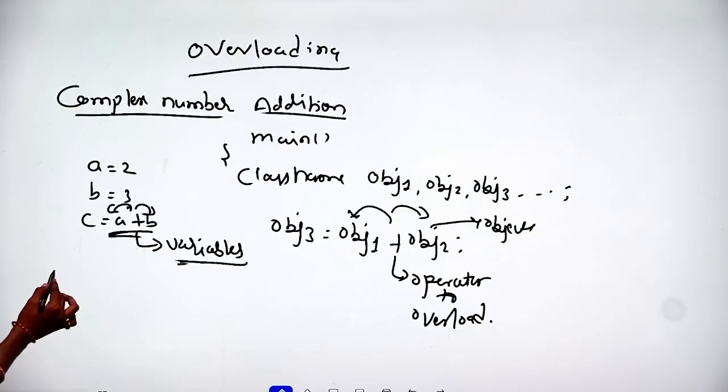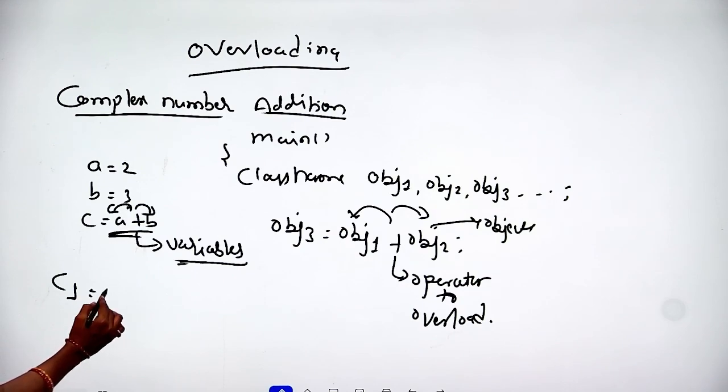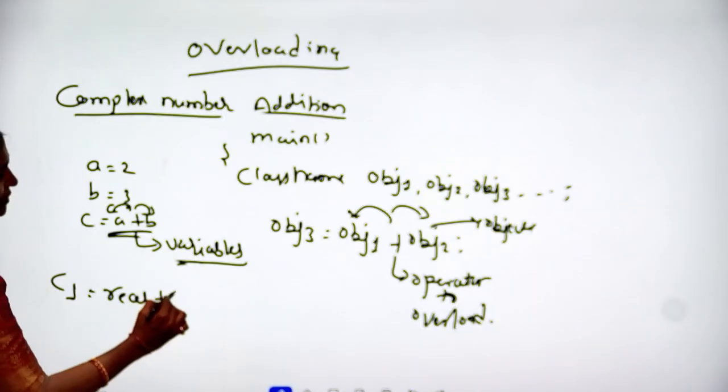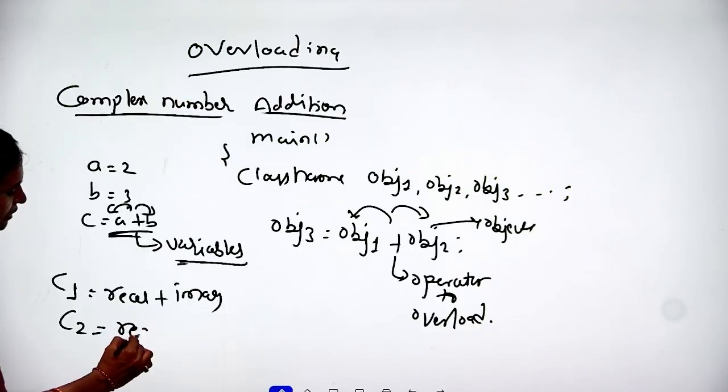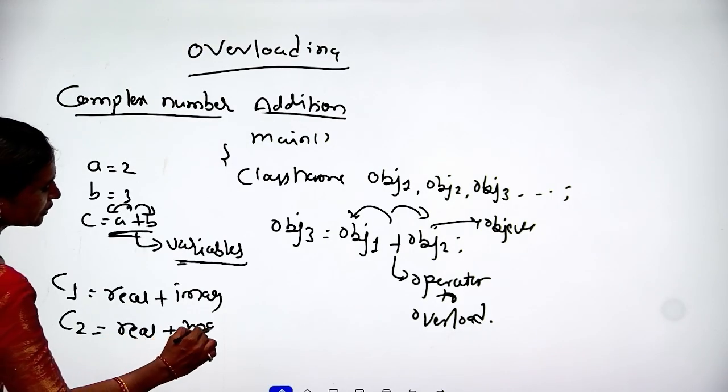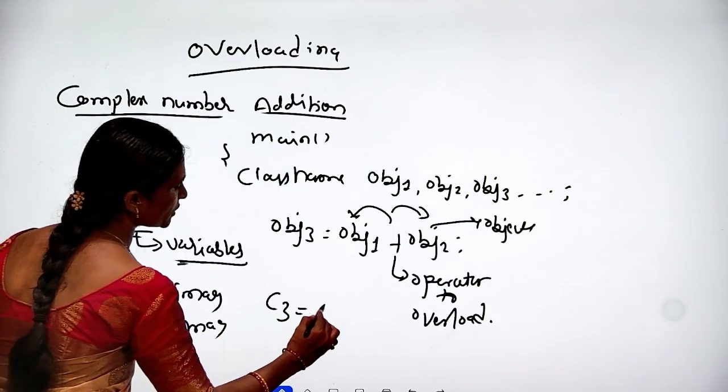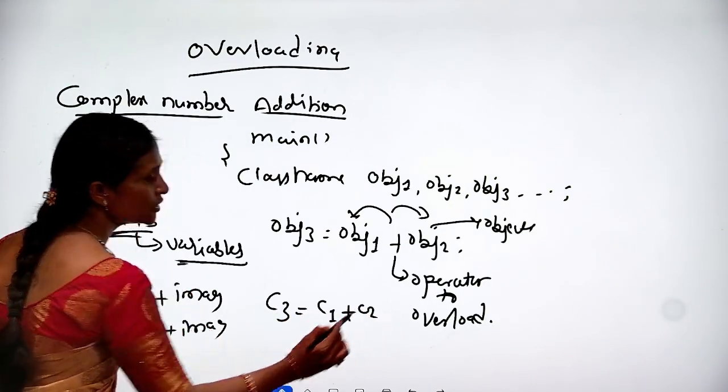For example, now complex numbers. What is a complex number? C1 contains the real part plus imaginary part. Similarly, C2 contains the real part and imaginary part. Now what we are doing: C3 is the object where we are adding C1 plus C2.